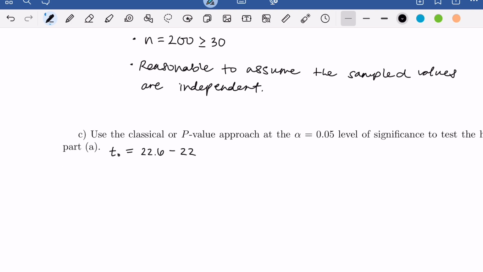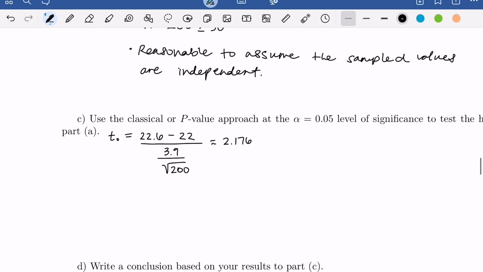This is going to be in our numerator, and then in our denominator, we're going to have our sample standard deviation, which is 3.9, divided by the square root of our sample size. So this is going to give us approximately 2.176. So this is our test statistic. And this statistic follows a t-distribution with degrees of freedom being 199.